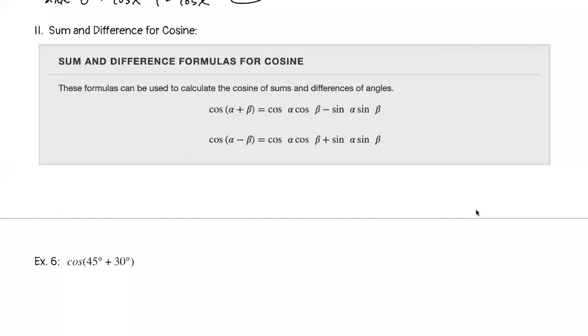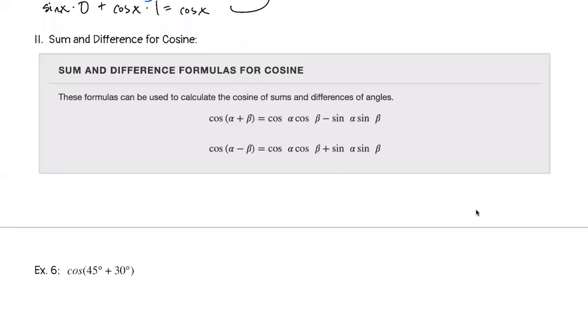All right, so before break, we talked about the sum and difference formulas for sine, and I'm sure you're all so excited to hear that there's also a sum and difference formula for cosine, and there's also going to be one for tangent, yay! So here we are on the second set of sum and difference formulas, okay?